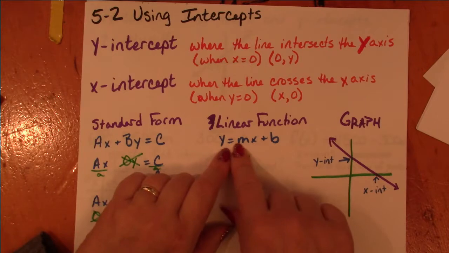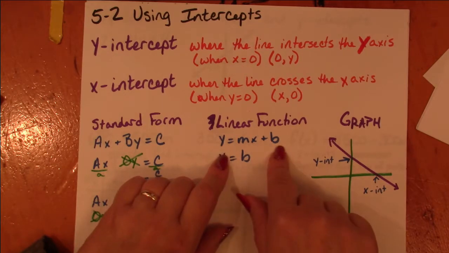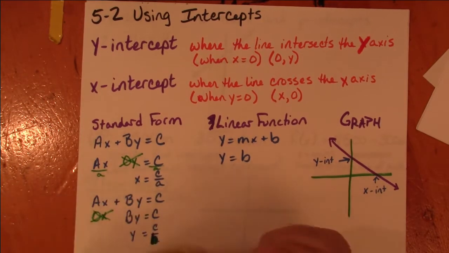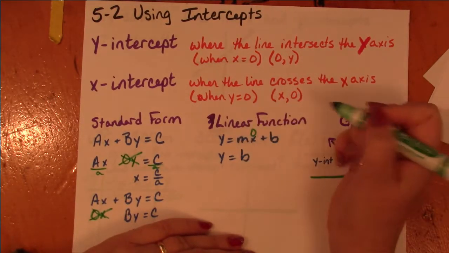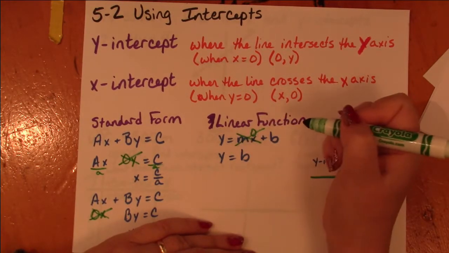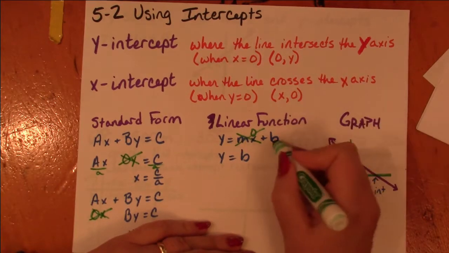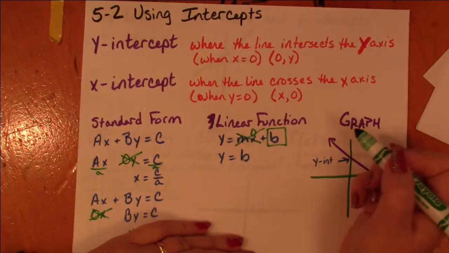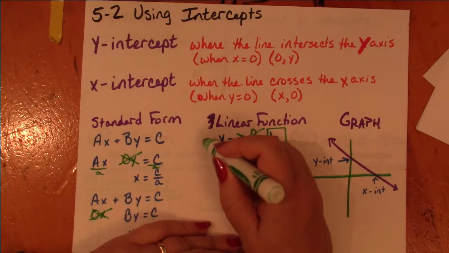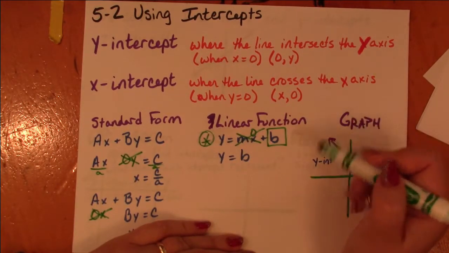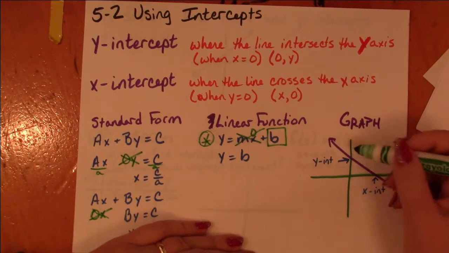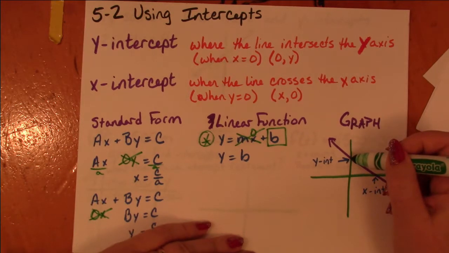With our linear function, when we see y equals mx plus b, if we decide that x equals 0 and this whole thing goes away, it's really easy to find our y-intercept, and in fact that's why we like using this formula when we're graphing, because we can immediately find the y-intercept.